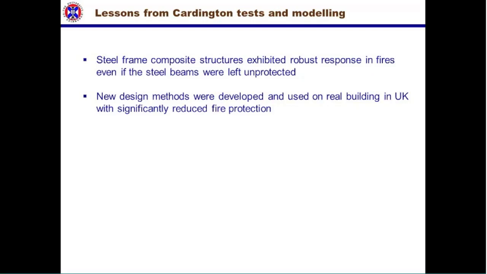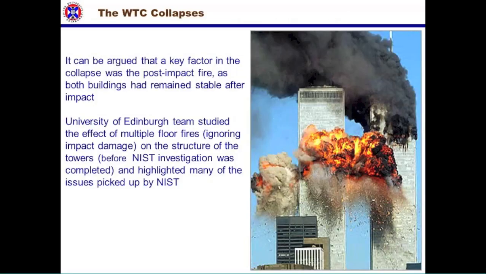However, 2001 came, and we all witnessed the horrific terrorist attacks on the World Trade Center, and that made us think whether we had to rethink the lessons learned from Cardington. So we started looking at the collapses of the World Trade Center. We did some modeling work on that.